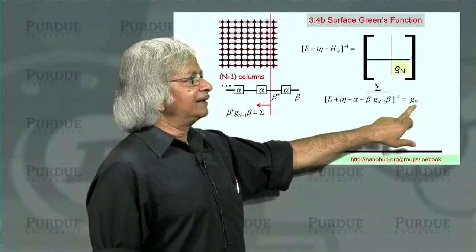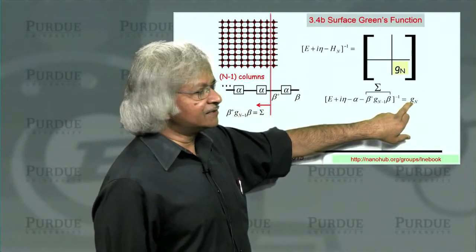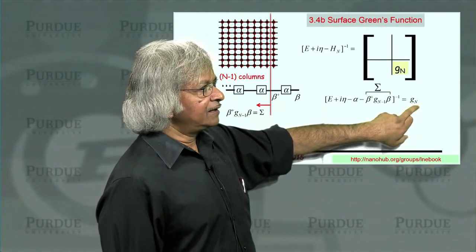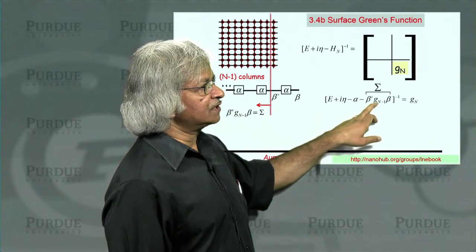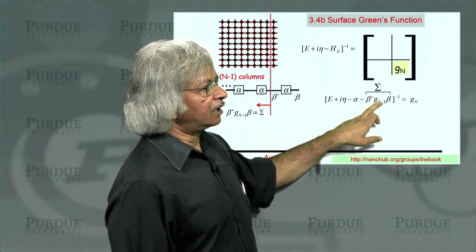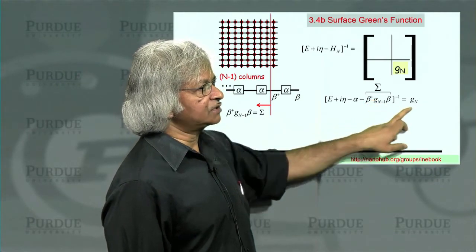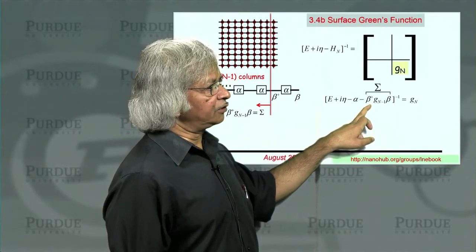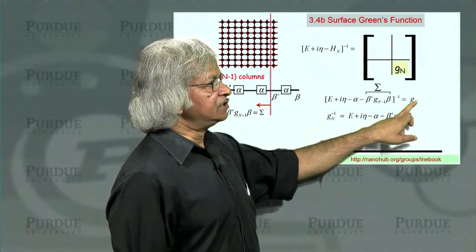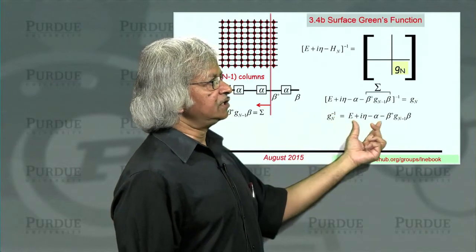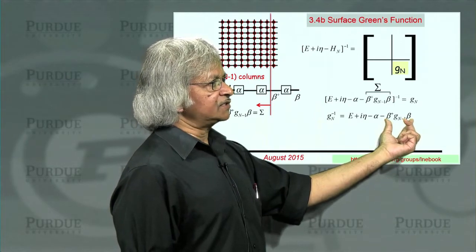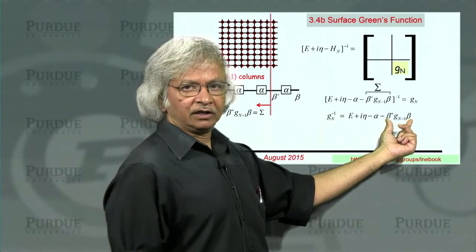So the point is that the surface Green's function for a contact with n columns is related to the surface Green's function for a contact with n minus 1 columns through this relation. And you could invert it to write it as Gn inverse is equal to E plus I eta minus alpha minus this sigma for the n minus 1 columns.